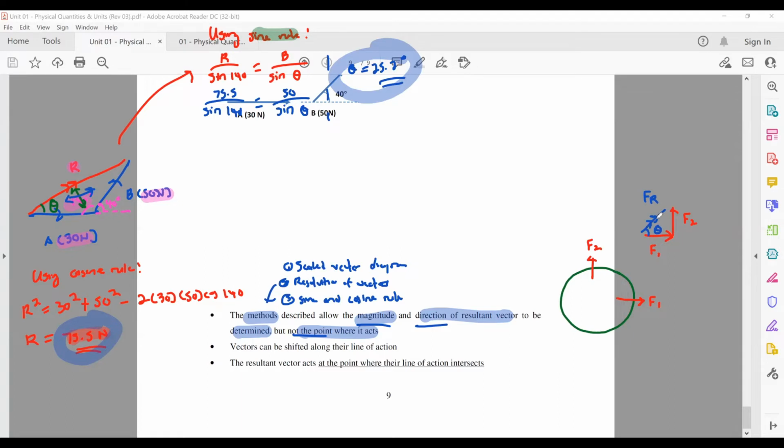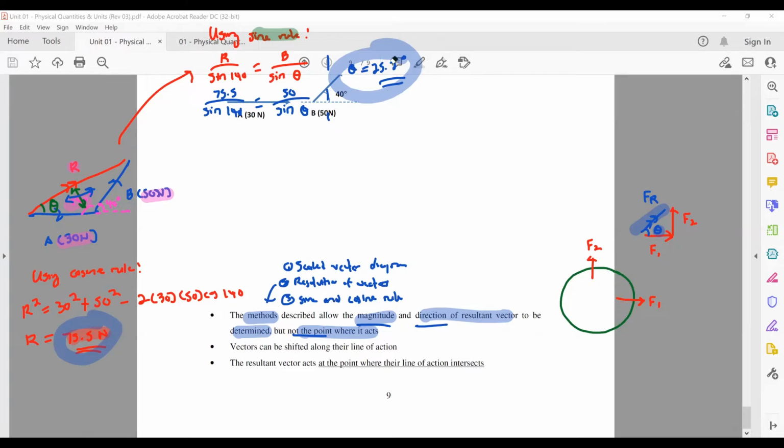The length of this arrow gives me my magnitude, and the angle here gives me its direction from the horizontal. But how do I know where this resultant is going to act? Is it going to be acting here, here, here, or here? You won't know, right? You only know the magnitude and the general direction, but you don't know the point where it acts.